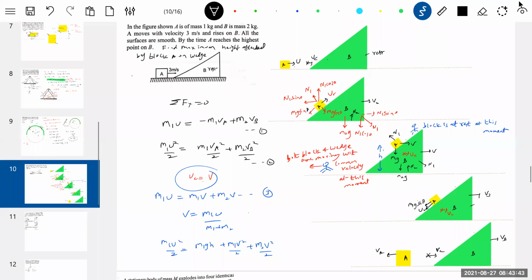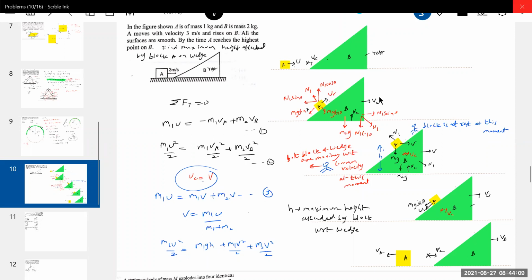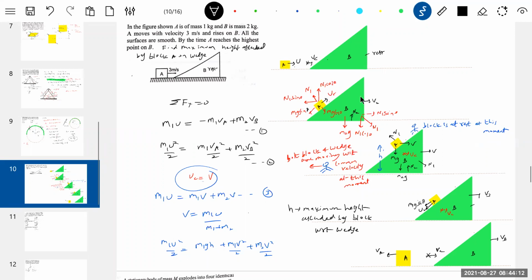That is h, the maximum height. Then the block will not stay there because of m1g sin theta; it will start sliding down. In all the sequences, the center of mass will continue to move with a uniform velocity, as if the block has not climbed anything.